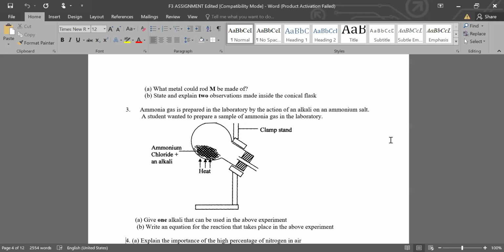As you can see in the diagram, the ammonium chloride mixture and the alkali are heated together. Question number 1. Give an alkali that can be used in the experiment. Then the other question, write an equation for the reaction that is taking place.